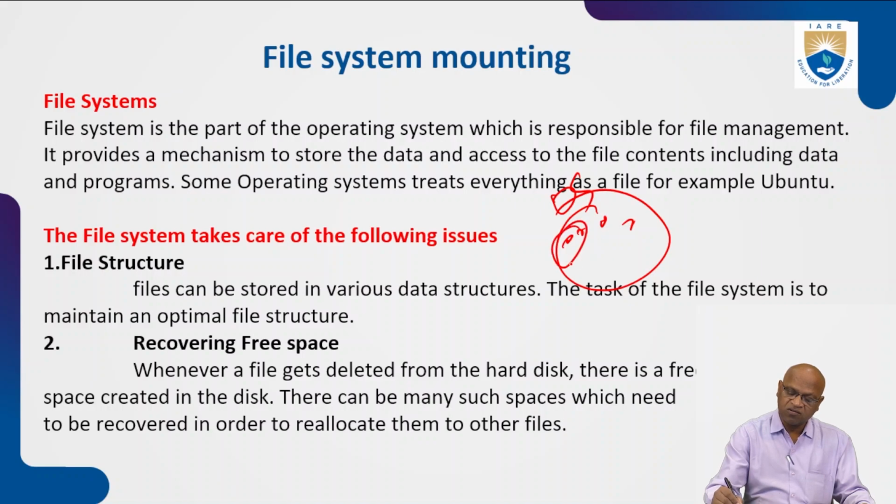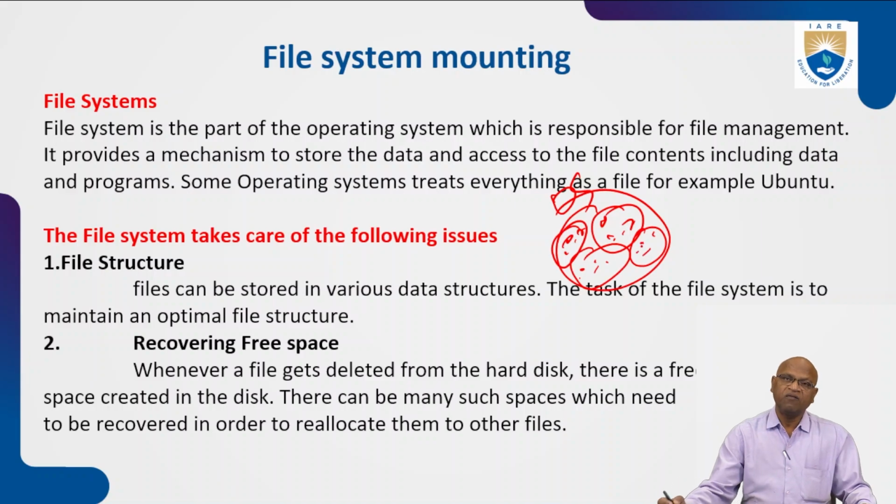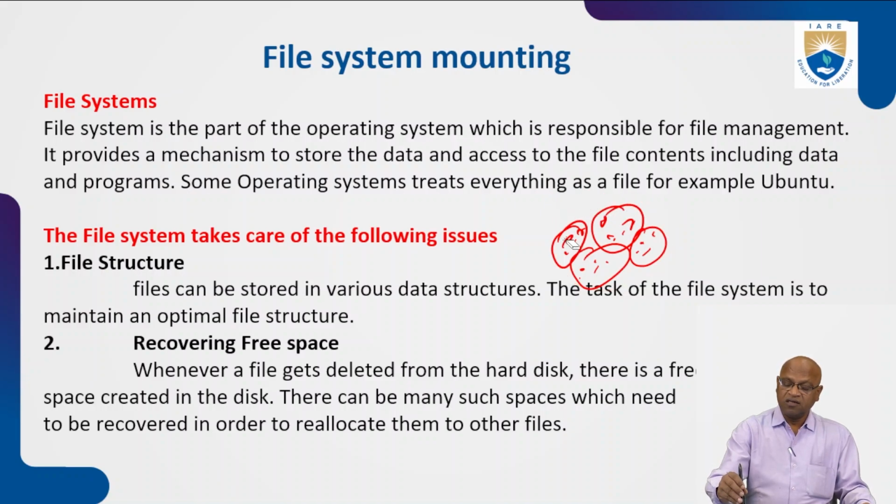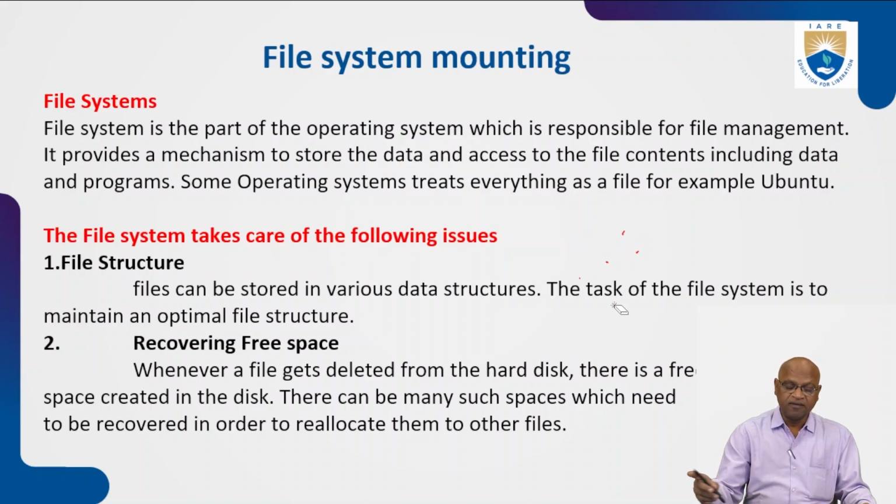Some programs work for process management, some for process security, some for file management. Different programs work for different operations. We have already seen some of the programs responsible for file management and the file system: how to save the file in the hard disk, how to maintain the directory, and what indexing is. Once a file is created, we should keep some information about that file in the directory.